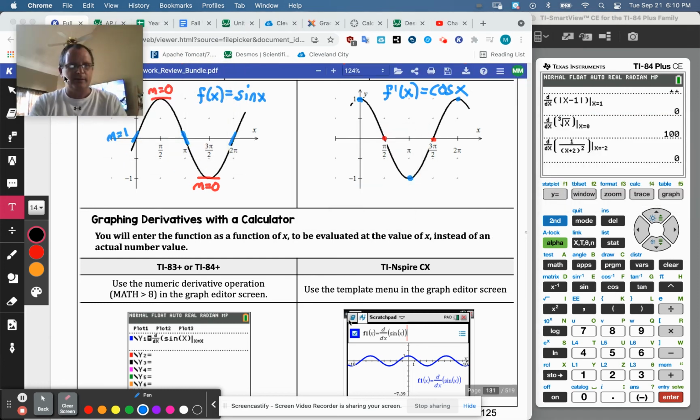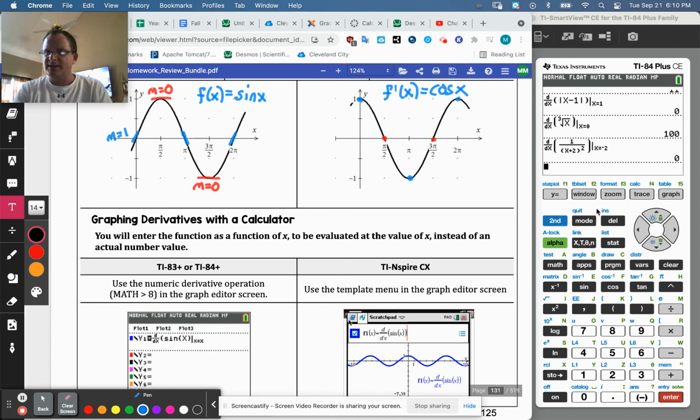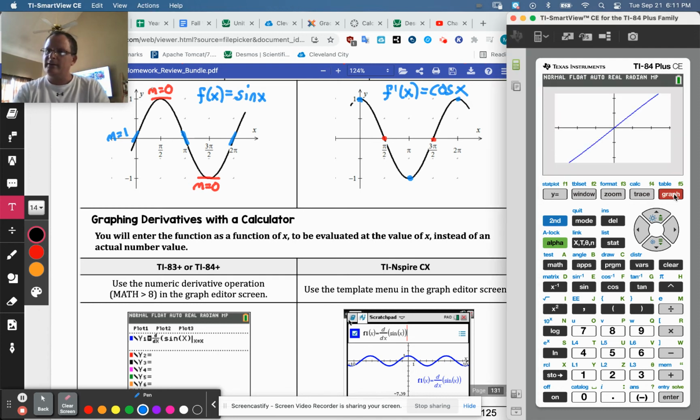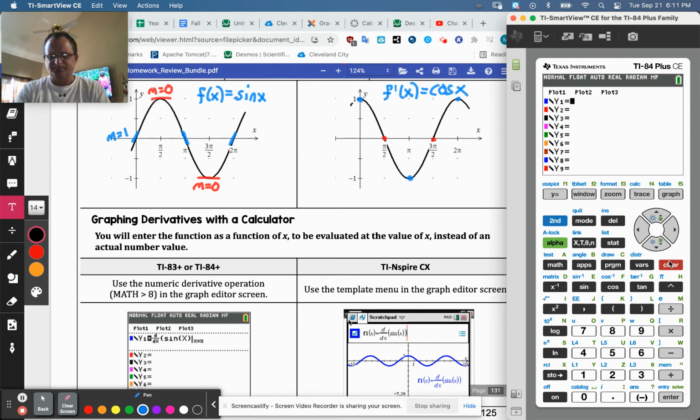So let's move that out of the way. And just to serve as another kind of proof here, let's clear that out. I'm going to go math 8, graph the derivative of sine x for me for every value of x.